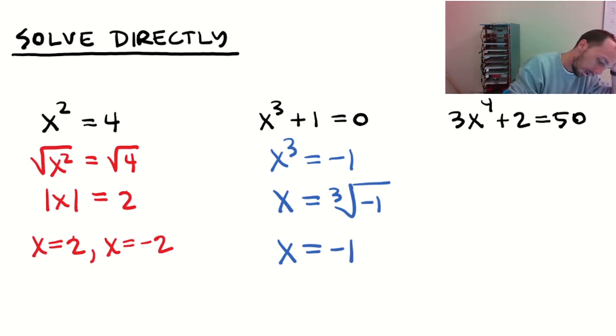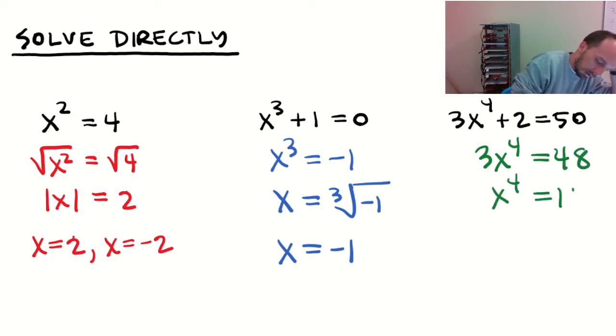And then over here, when I'm going to start trying to get at x to the 4, so I'm going to subtract 2, divide by 3. And you may not have much experience taking fourth roots at this point in your math life. I don't know that I have a whole lot of experience taking a lot of fourth roots, but if you don't, take a step back, look at it, solve it with your eyes.